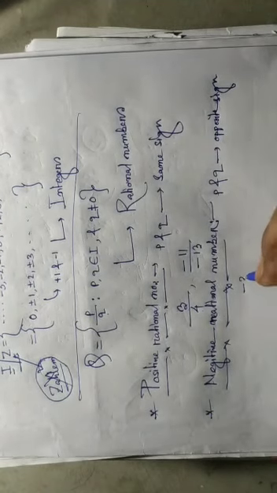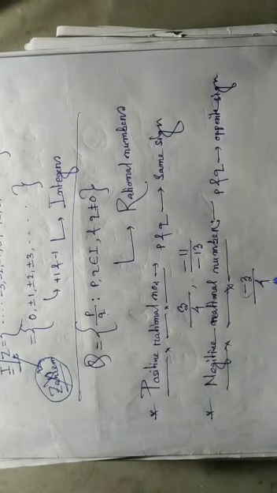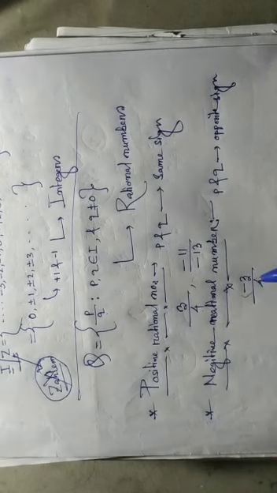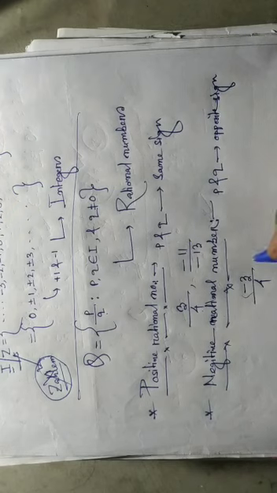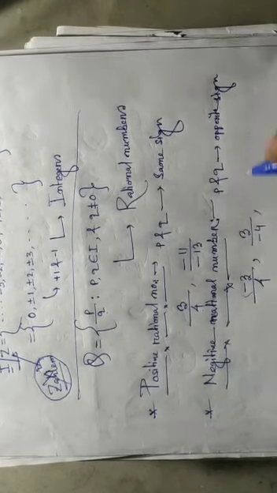For example, minus 3 by 4. So p is minus 3, q is plus 4, so opposite sign. So minus 3 by 4 is a negative rational number.